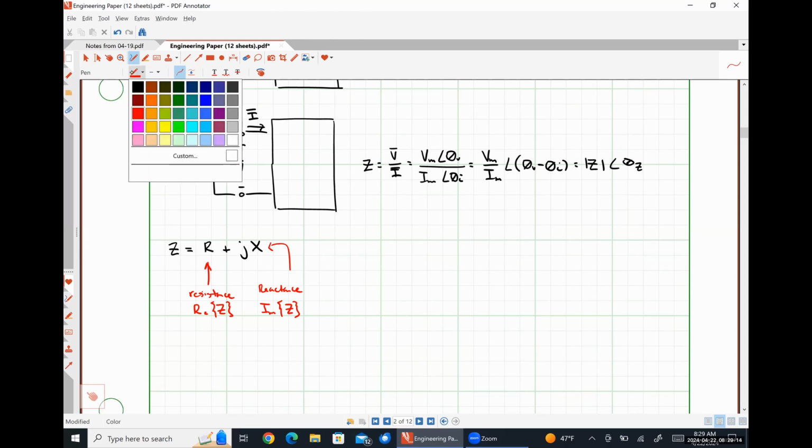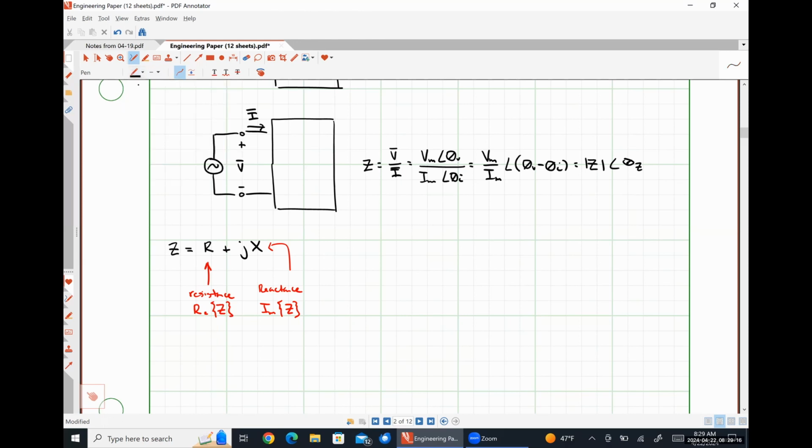So we can transform back and forth between our polar form representation and our rectangular form representation just by doing simple complex number manipulation. For example, the magnitude of our polar form is simply the square root of our real part squared plus our imaginary part squared.